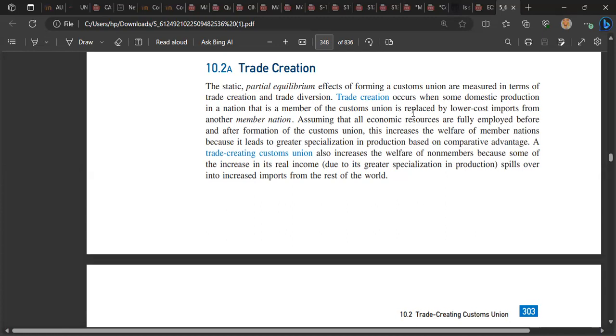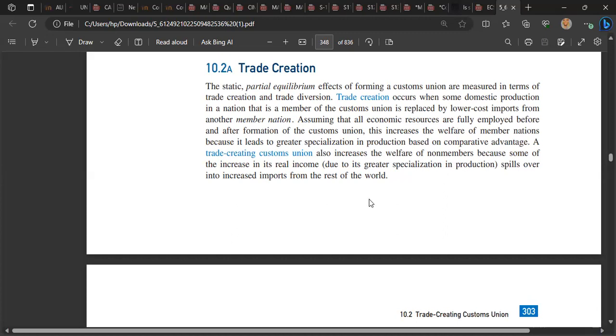Right? So when this occurs, in this kind of customs union, the lower cost imports are going to replace the higher cost imports. So there's going to be specialization. If you are able to produce something at a lower cost, then in these circumstances, you will specialize on that. We give you the opportunity to specialize on that which you are good at, that in which you have a comparative advantage, and then you can trade for the other one.